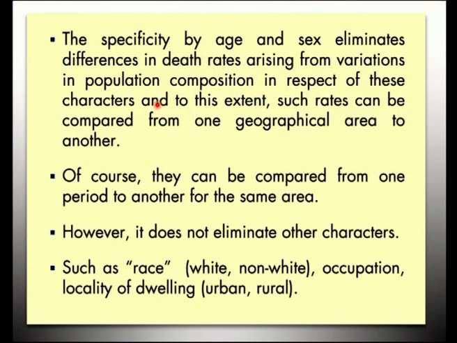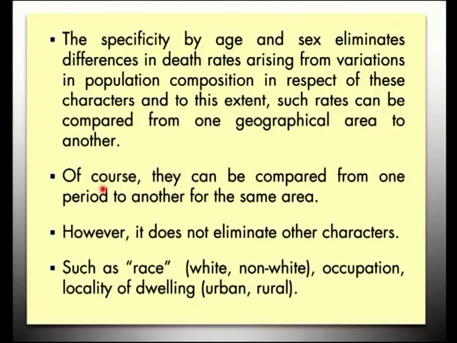The specificity by age and sex eliminates the differences in death rates arising from variations in population composition. In respect of these characters, and to this extent, such rates can be compared from one geographical area to another, because the climate and calamities happen to a particular geographical area.